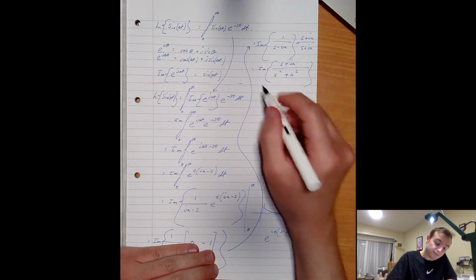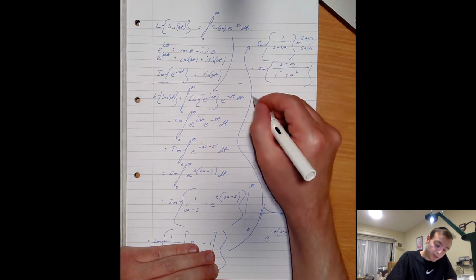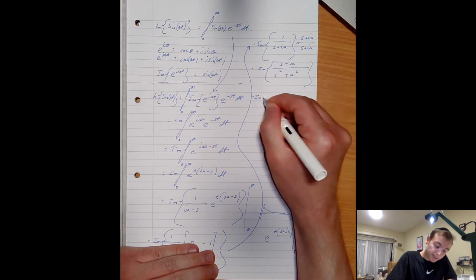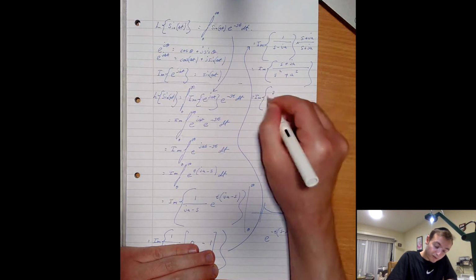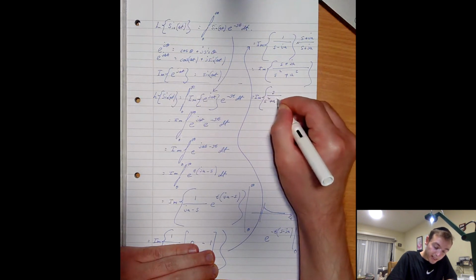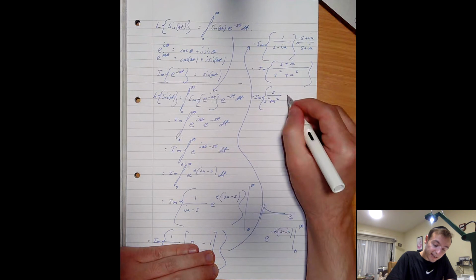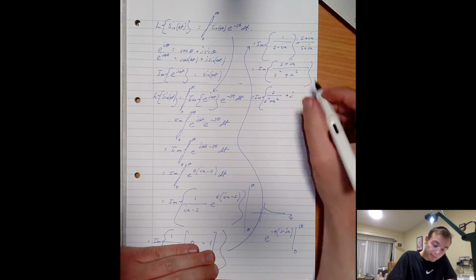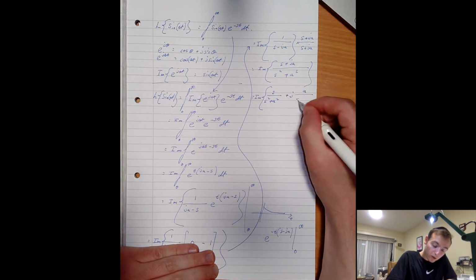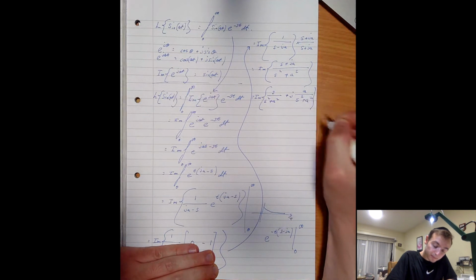Now this looks a little scary, but it's not, because this is the imaginary part of s on (s squared plus a squared), plus j times a on (s squared plus a squared).